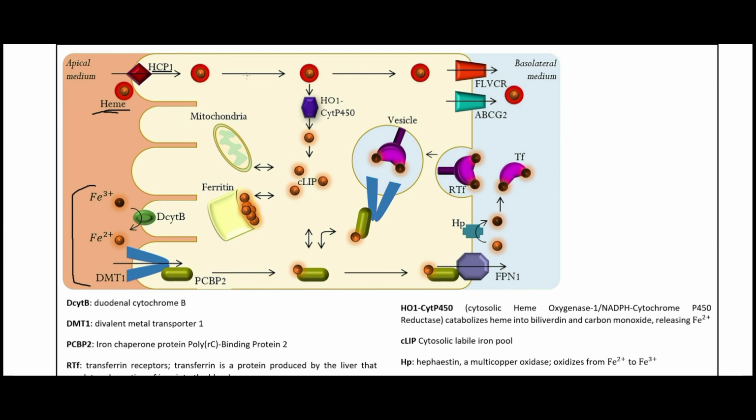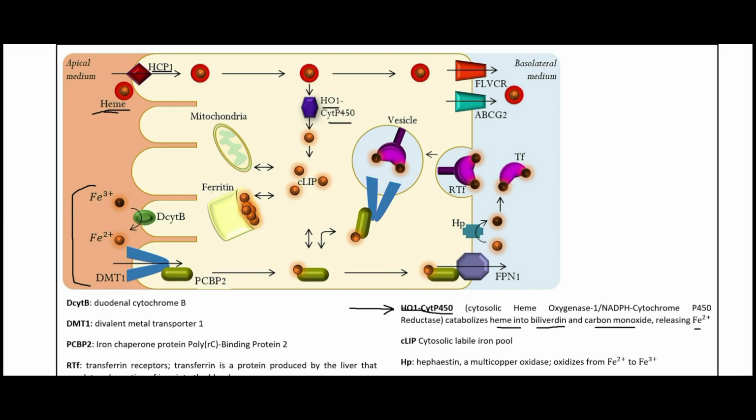Then it comes in here, and we see this HO1, the cytosolic heme oxygenase 1 NADPH cytochrome P450 reductase, which is a bit of a mouthful, so that's why it's shortened to that. But that catabolizes the heme into biliverdin and carbon monoxide and releases the iron 2.